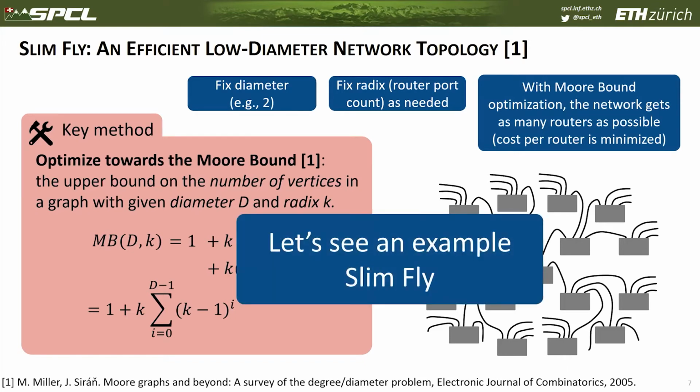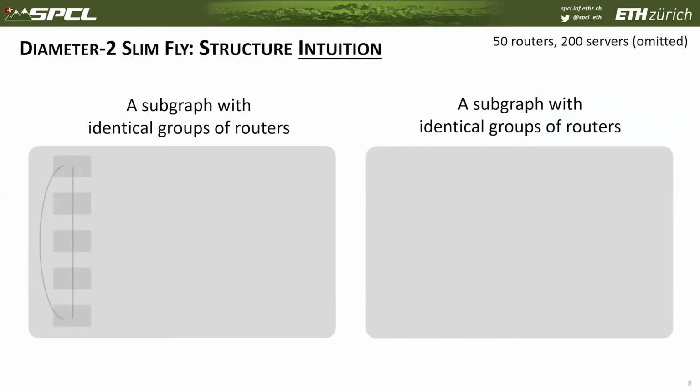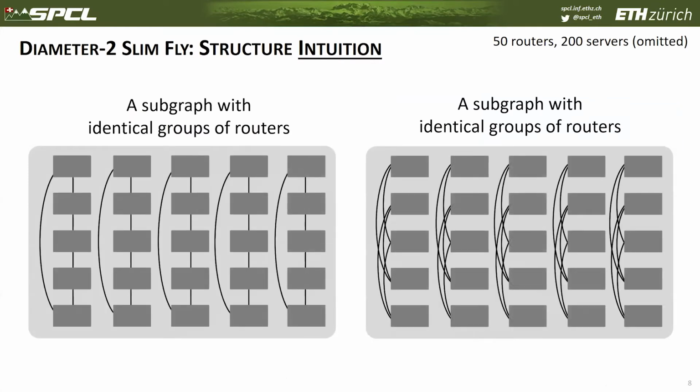Right, so let's see an example SlimFly. We speak a lot about how we build this, so let's see an example. An example SlimFly that has diameter 2 and 40 routers and 200 servers, which we are omitting from the picture, looks as follows. These are our routers, and they form groups that have the same wiring pattern in two parts of the topology. Half of the routers form groups with one pattern, and half of the routers form groups with a different pattern.